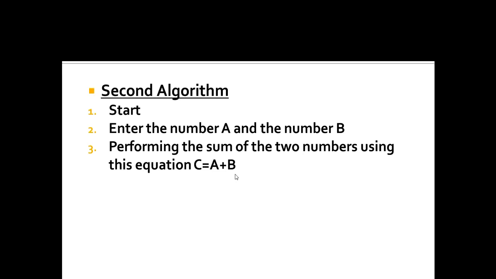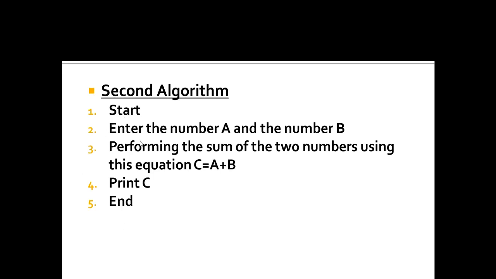Yes, it should be the output. So for the output we're going to use the keyword print. So print c, or output the result. So finally end. 1 start, the final step should be end.